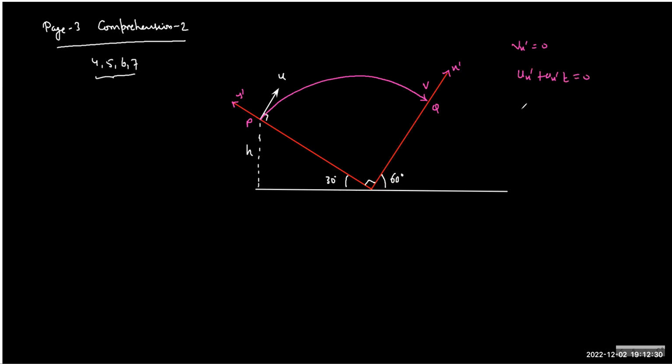Ux dash is u itself, right? What is ax dash? Minus g cos 30, or you can say minus g sin 60. Same thing.